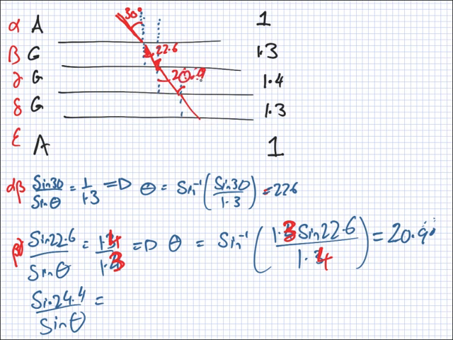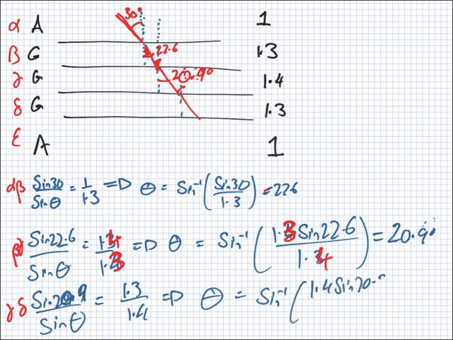Thank you. So that means that's 20.9. So the next one we're on to now is gamma to delta. So that should be sine 20.9 over sine theta is equal to 1.3 over 1.4. So that means theta is sine inverse of 1.4 sine 20.9 over 1.3.